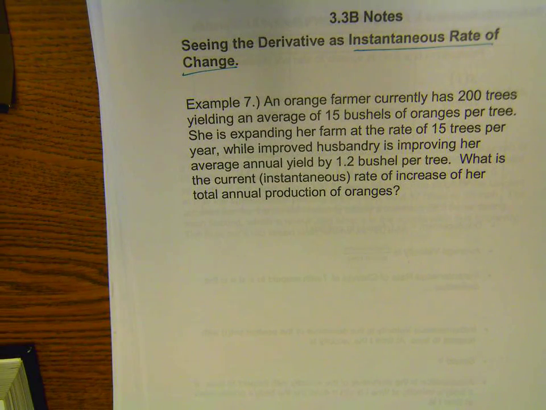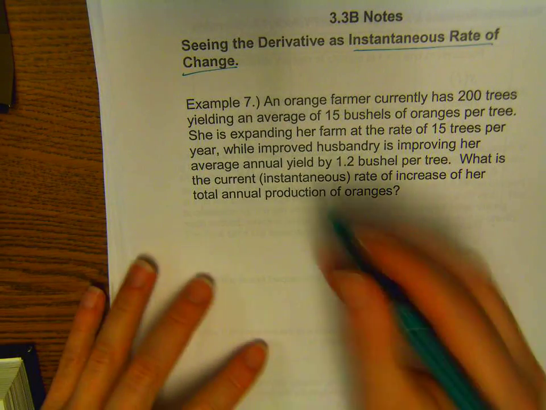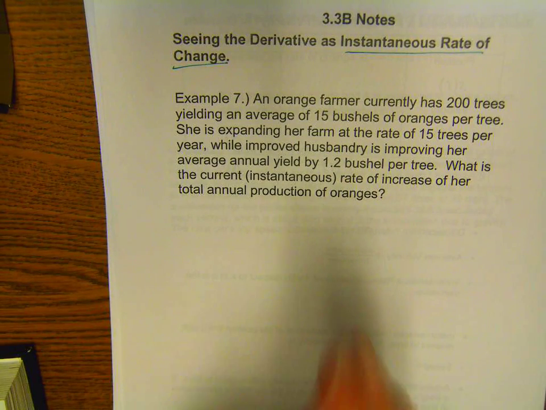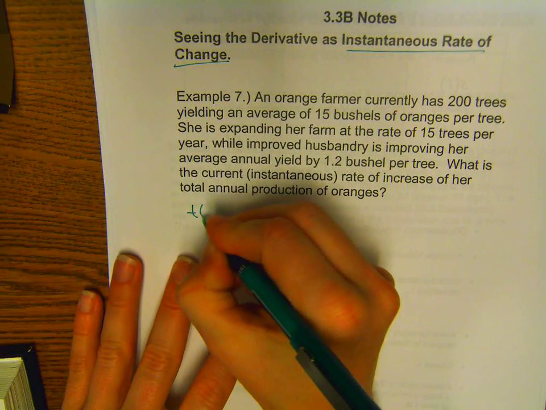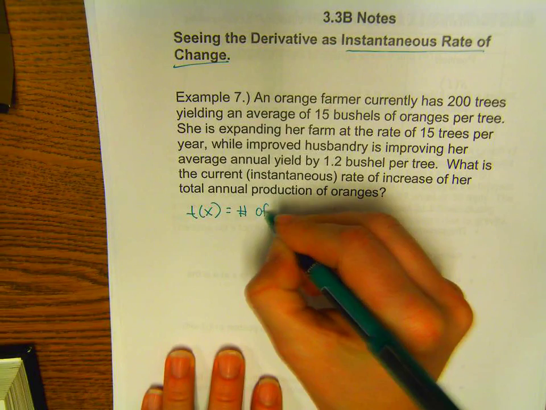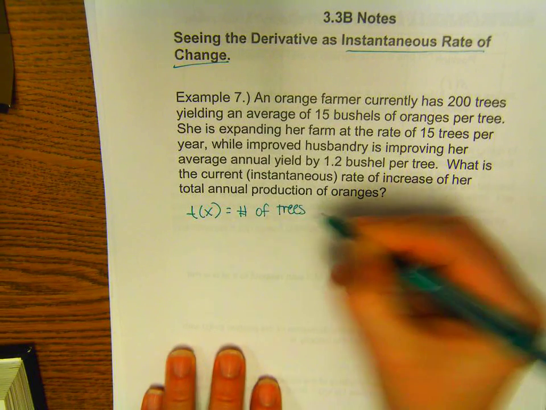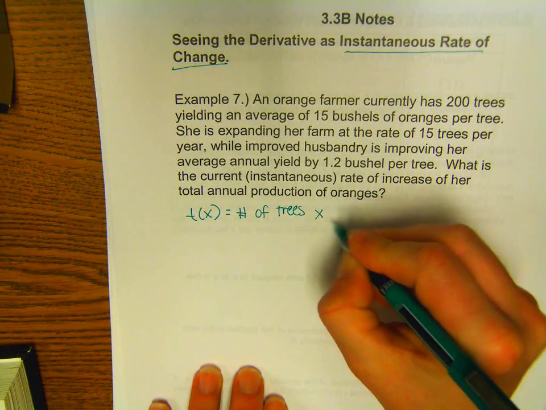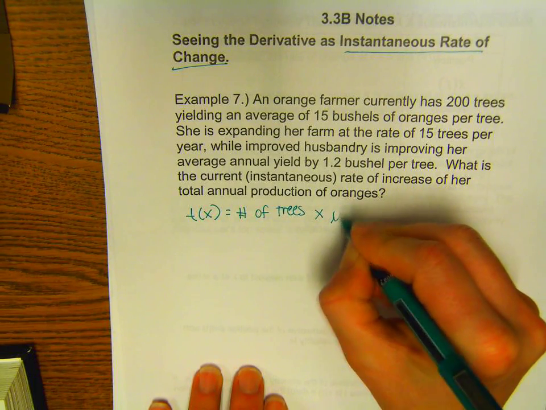Good. Okay. So let's write an equation, or not equation, words. We're going to say T of x is the number of trees x years from now. Are you guys good with that?